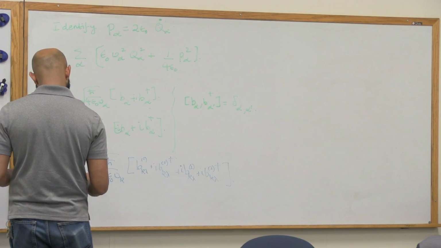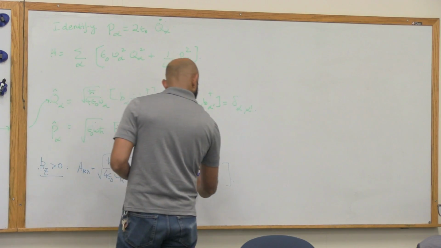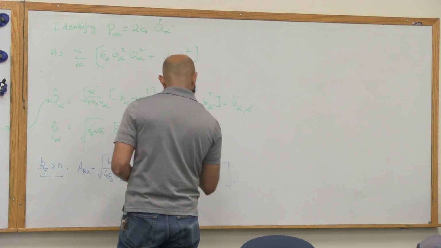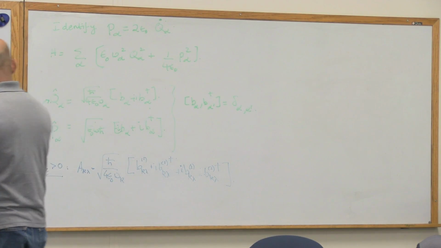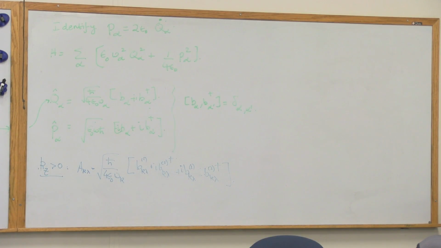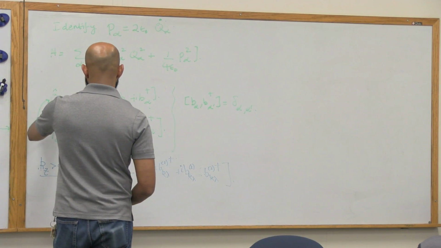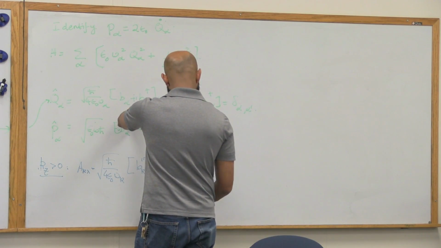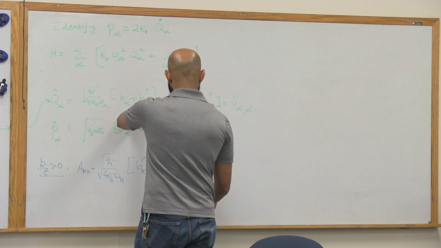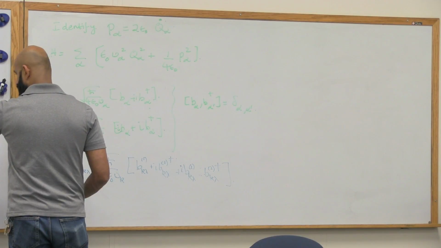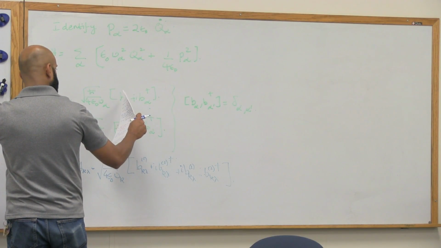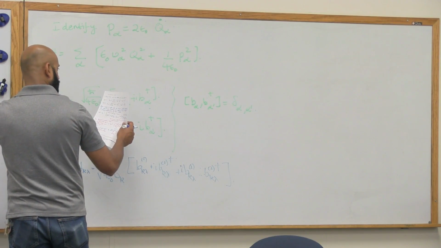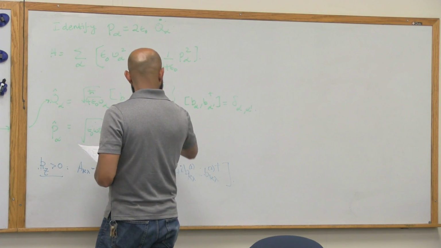For kz greater than 0, Q_kλ1, that part is correct. i times Q_kλ2 gives me i times b_kλ1, b_kλ2.